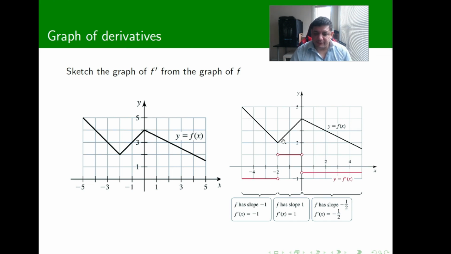For all this interval over here from -2 to 0, we have this line that has a slope 1. So that's going to be the derivative: a constant function 1, a constant function -1. And in this case, we're going to have a slope of -1/2. So this is going to be -1/2. So notice that the red function here is representing what the derivative is.